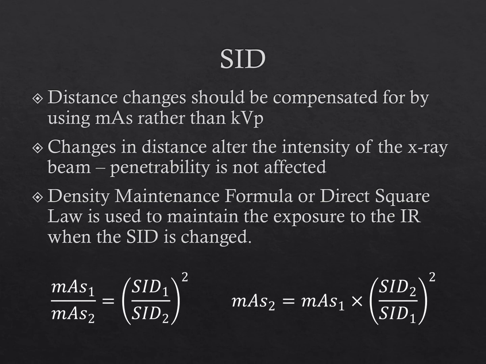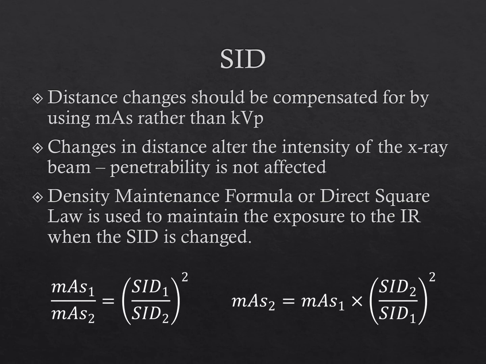Now we're going to be using the direct square law to maintain the exposure to our IR. Therefore, the direct square law is going to allow us to manipulate our mass value when we have a change in SID. So this is what the formula looks like.